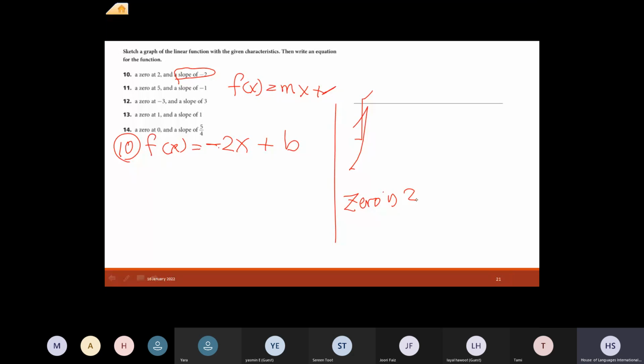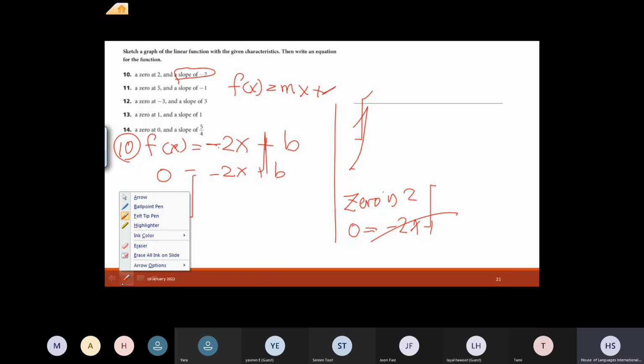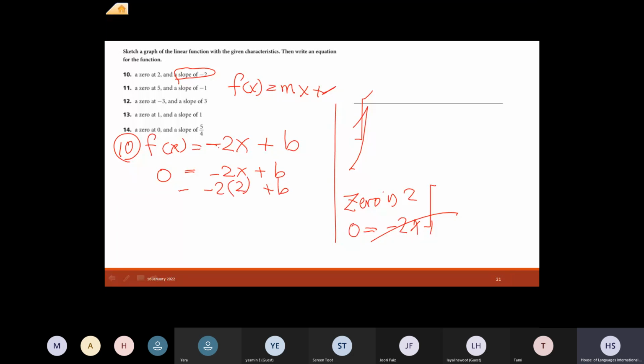I will put 0 equals negative 2x plus b. Then I will substitute x with 2 in order to find what? The variable.